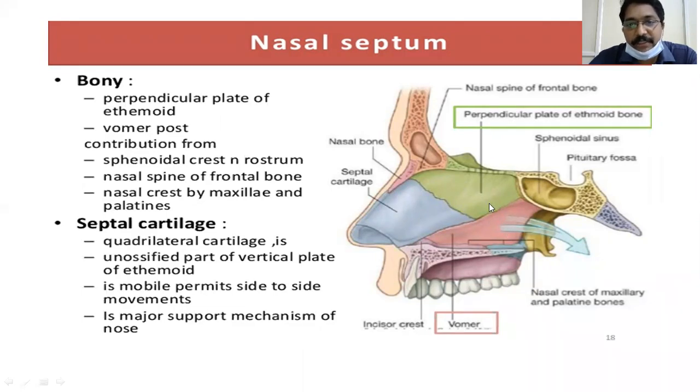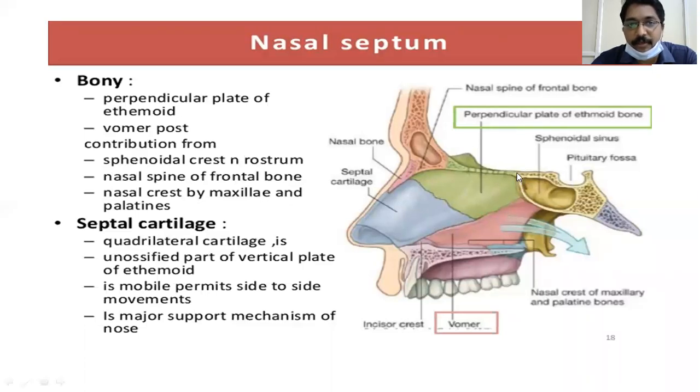Apart from all these three, see this nasal bone. What is this? Nasal spine of frontal bone. This nasal spine of frontal bone also forms a little bit of the nasal septum. And anything else? Here, sphenoid crest. I think in the next diagram you can see it very properly. Sphenoid crest, here the sphenoid crest is there.